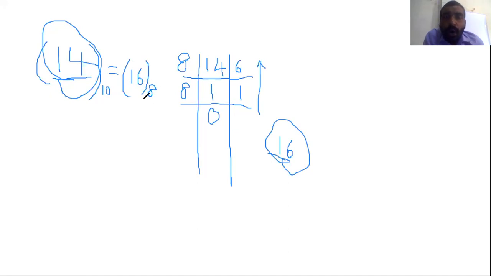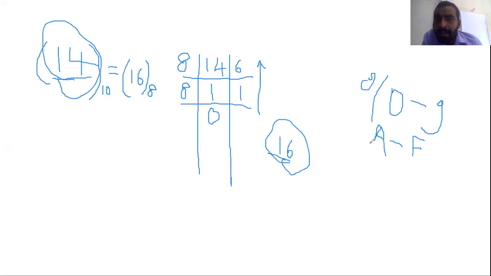Now the same thing if you want in hexadecimal. So what is hexadecimal? Hexadecimal consists of the digits 0 to 9 plus A to F. If you count 0 to 9, how much comes? 10 digits.